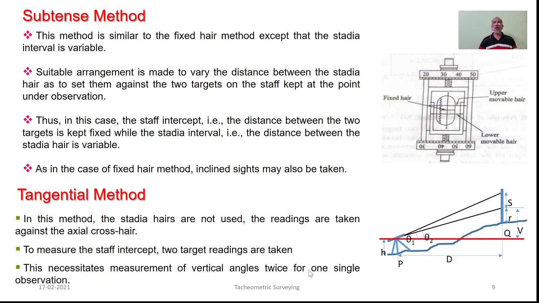So, in order to measure the staff intercept S, we take readings corresponding to two targets that are provided on the staff held vertically. As such, we have to measure two vertical angles, the way shown here, theta 1 and theta 2, in order to determine this horizontal distance, vertical distance, as well as the reduced level of the station under consideration.